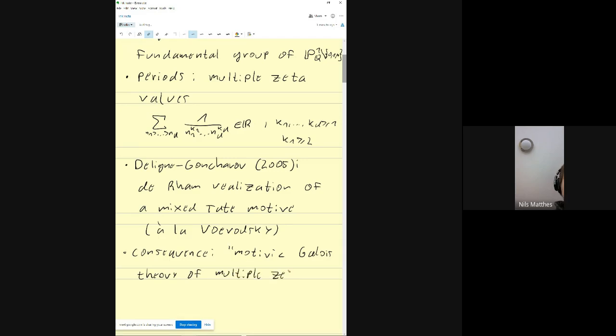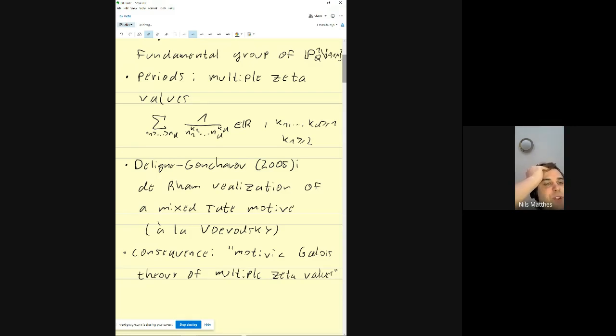I'm not going to make this precise, but what you should think at first approximation is that inside this formalism of motives, you can construct an analog of the Galois group that's called the motivic Galois group. And the motivic Galois group is going to act on periods. It takes a bit of work to make this precise, and the way I say it is actually not exactly how it's working.